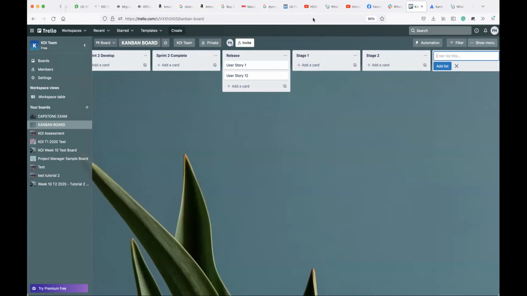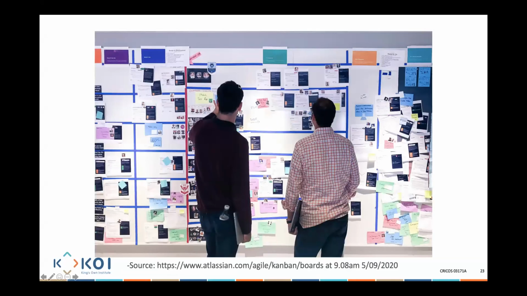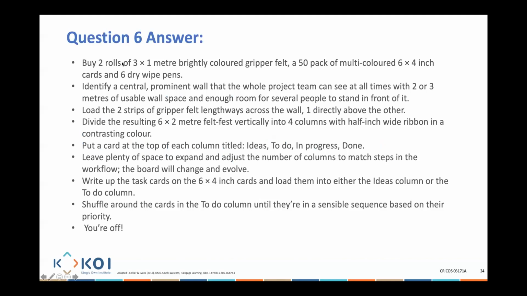You can do it on a system, but you don't need to. You can simply do it with a pen and paper. You create a board, you get big rolls of white sheets, and you start splitting them into columns. You can simply buy 2 rolls, 3 by 1, and stick them on a big central wall in your organization.